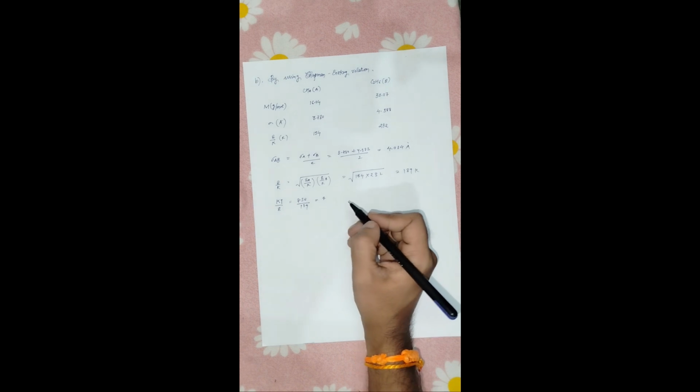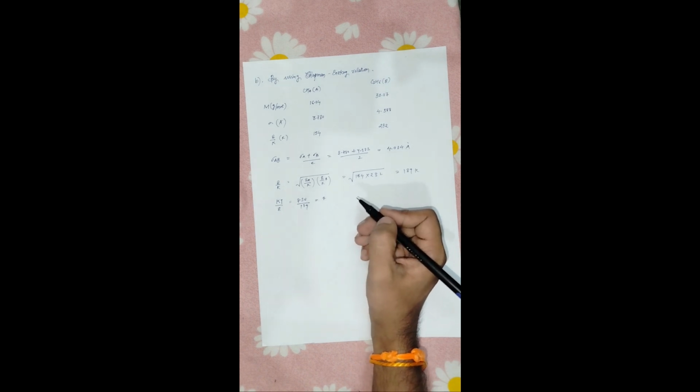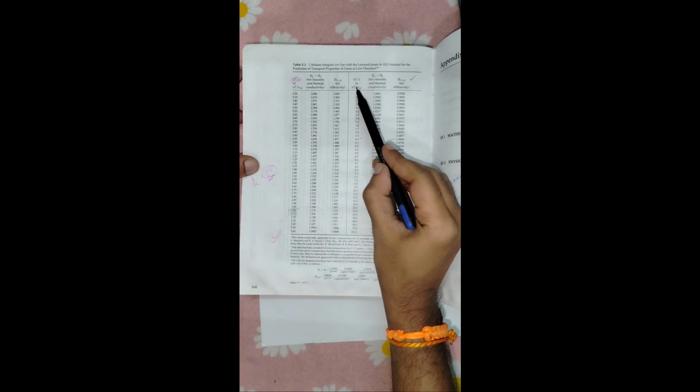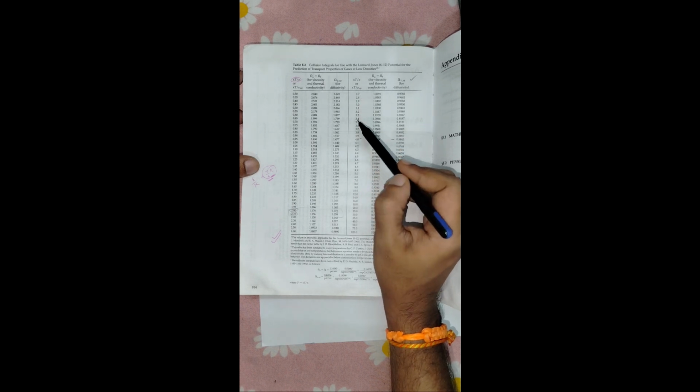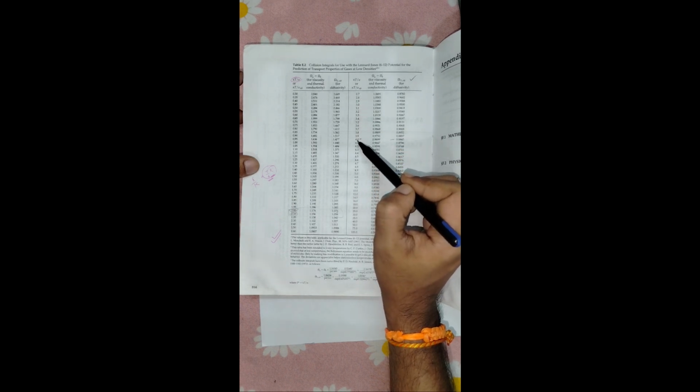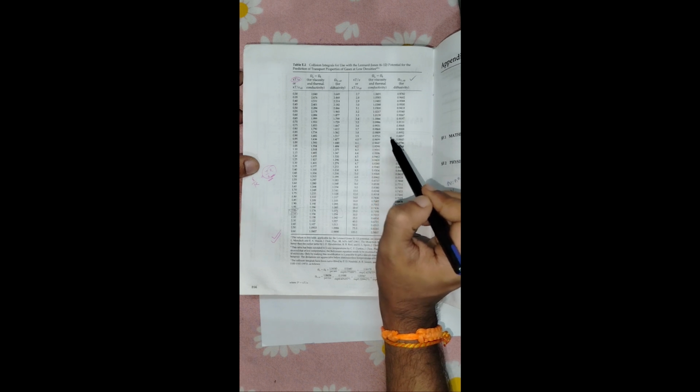So now we look at the table. Okay, so I use the book. I hope you all are able to see that. Wait, let me make it clear. So this is kT by epsilon AB. So for the system we have got this value as 4, and corresponding to the value 4, the collision integral for diffusivity we get as 0.8845.